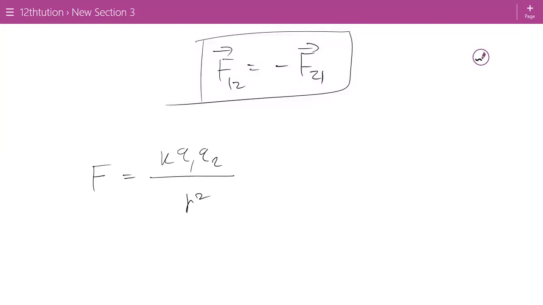You also need to know that the force on Q1 due to Q2 is equal to the force on Q2 due to Q1. They are the same force, but their directions are opposite because they will repel each other, right?